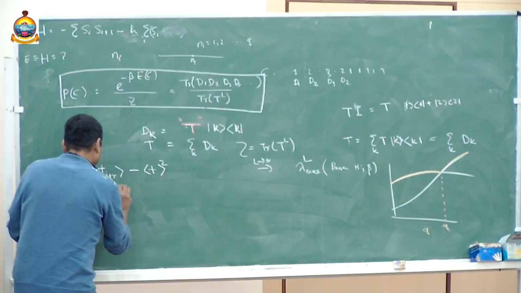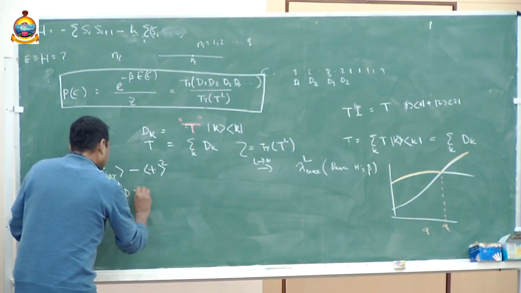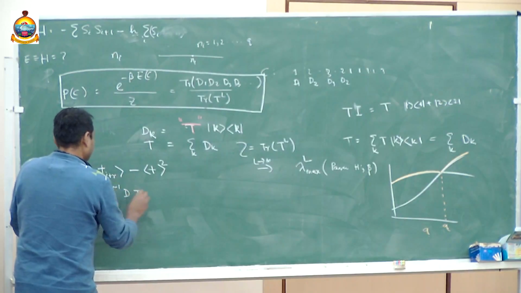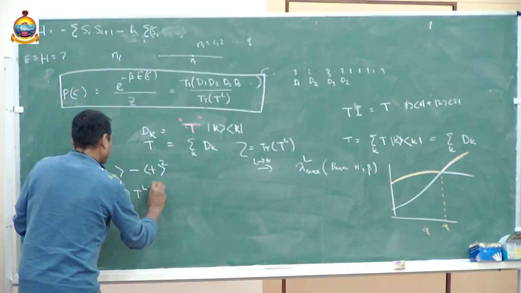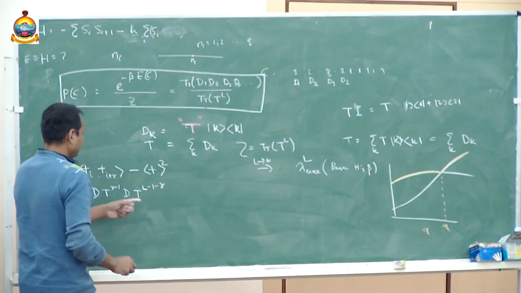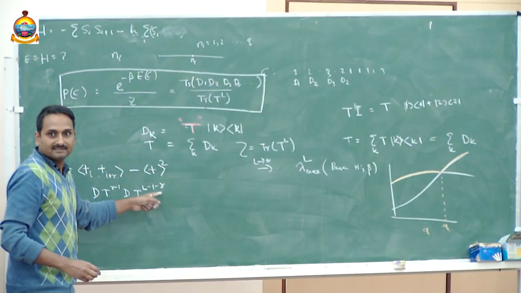So d, t to the power r minus 1, and then d, and then t to the power l minus 1 minus r. So that cancels, this is correct.